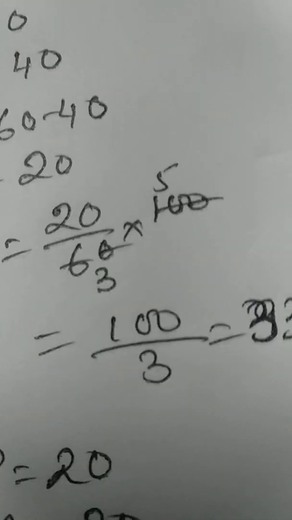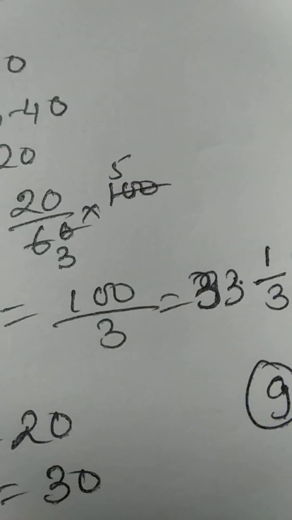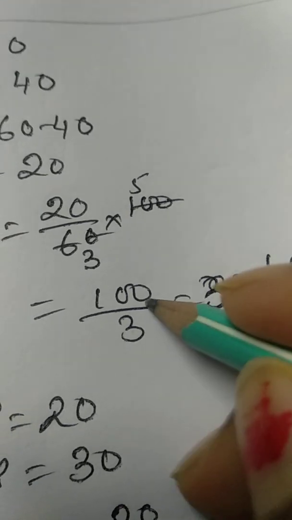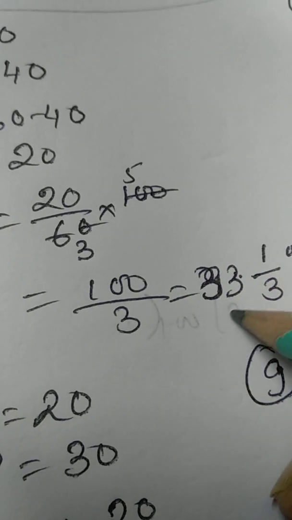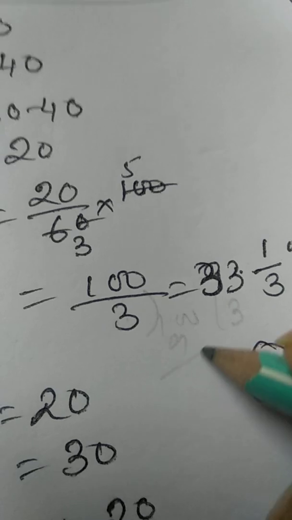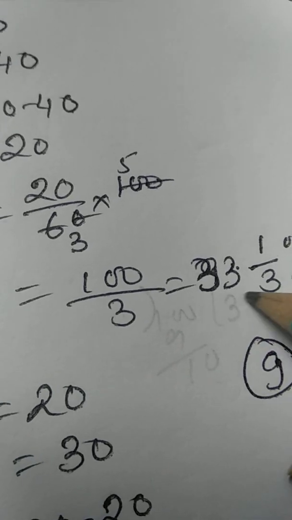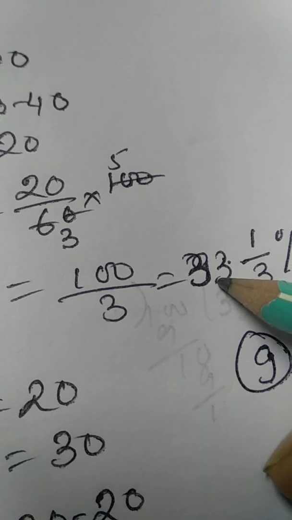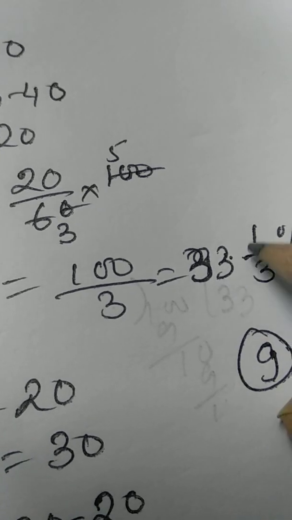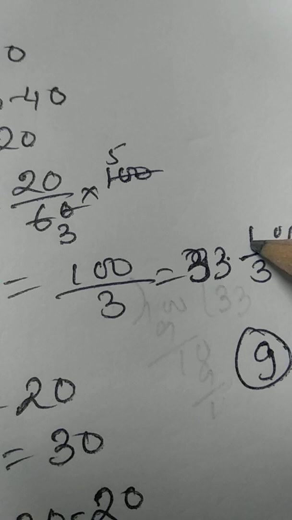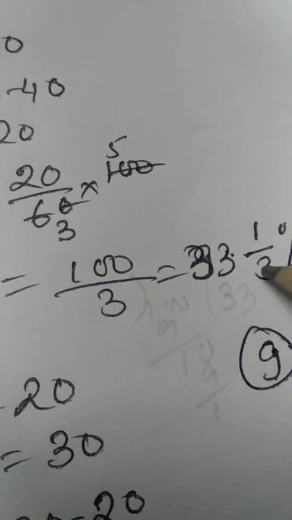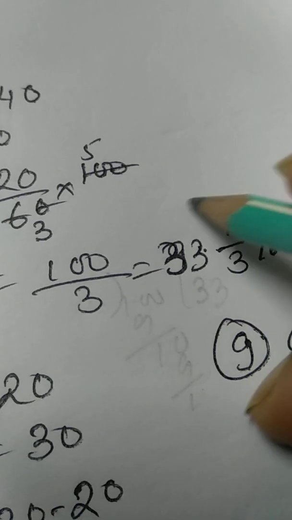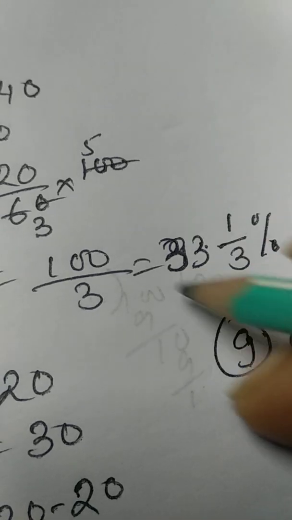Now 100 by 3, what will I do? I will divide it. 3 into 100: 3 nines are 9, 1, 0. Again 3 nines are 9. It's 1. So 33, 1 is the remainder. It will go there, and this is the division. This will be the denominator. The answer will be 33 1 by 3.